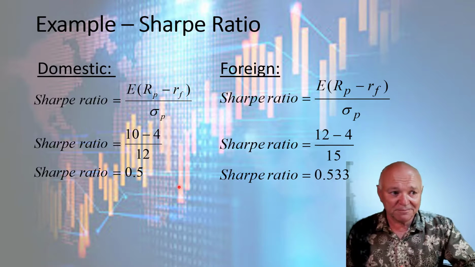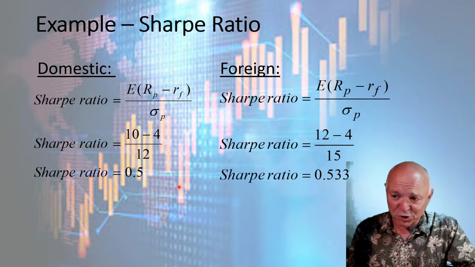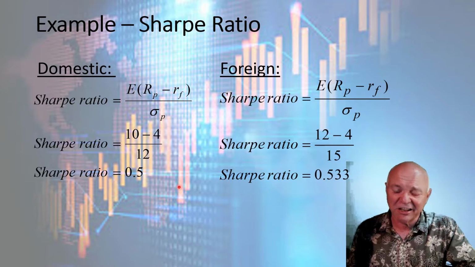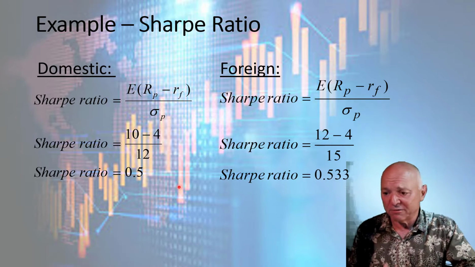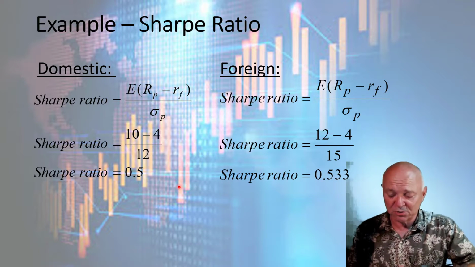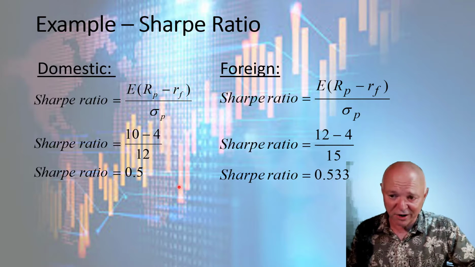If we calculate the foreign Sharpe ratio, same kind of calculation, we end up with a slightly higher Sharpe ratio, 0.533, and that's because of the higher volatility, the higher standard deviation, as compared to an even higher rate of return.